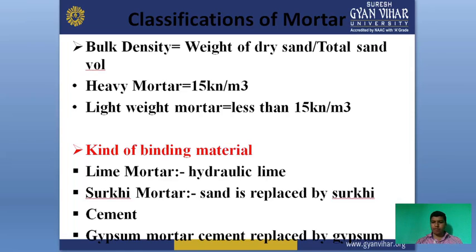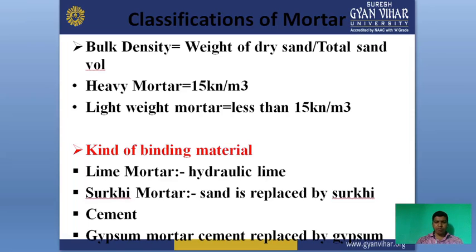Cement mortar requires proper curing to achieve the proper strength and durability. In this type of mortar, the ratio of cement to sand varies from 1:2 to 1:6 by volume depending on the strength and the importance of the work. These are some properties of cement mortar used in plastering.